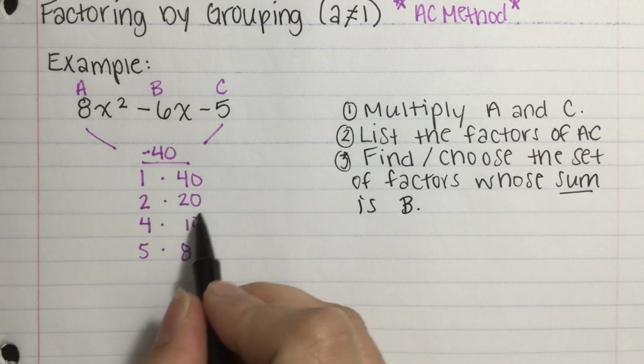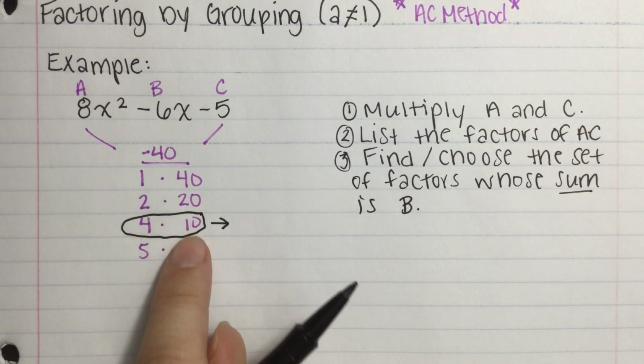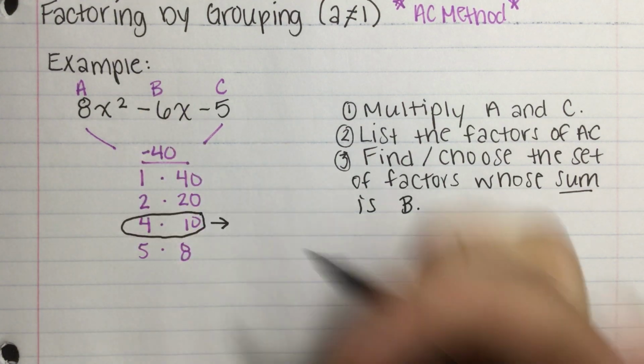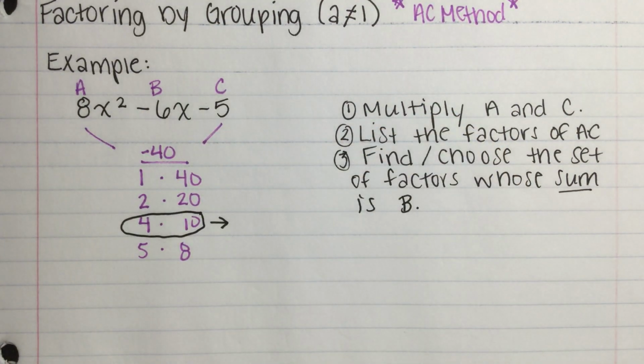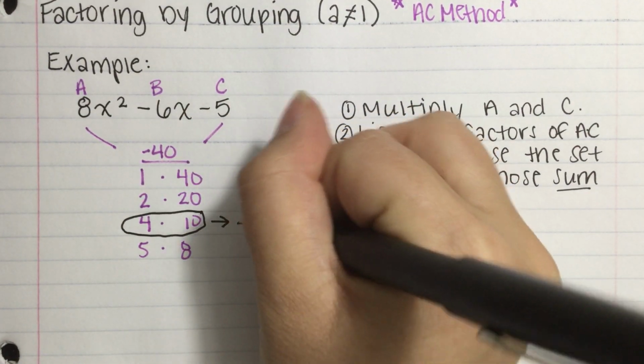However, with 4 and 10, there is a way that I can do that. If I make the 10 negative and the 4 positive, I can get negative 6. So that's exactly what I would do. I would use negative 10 and positive 4.